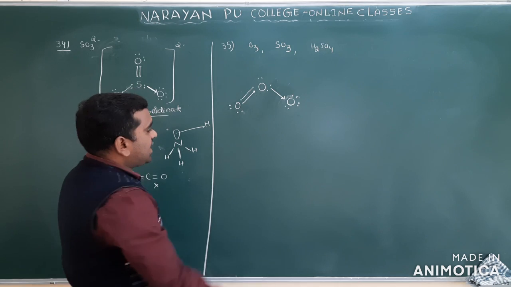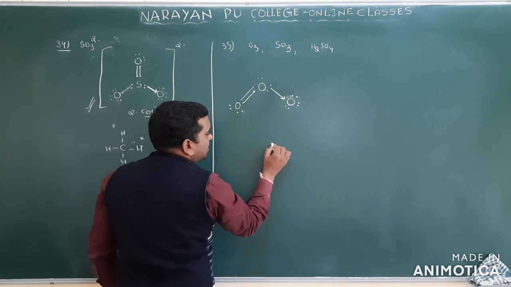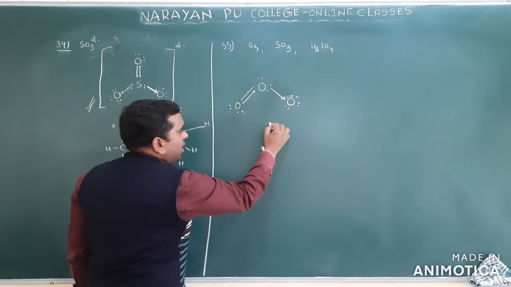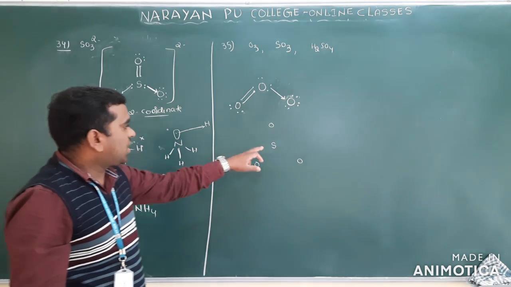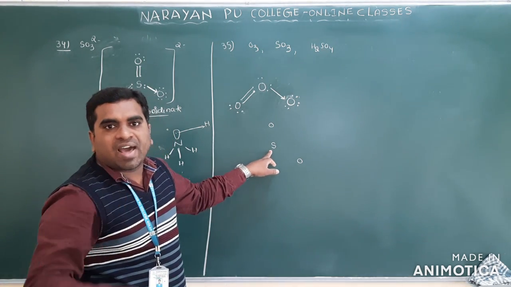In the same way, SO3. What is the central atom? Sulfur is the central atom, and here oxygen, and here oxygen. What do we have to do first of all? Write the central atom's valence electrons.